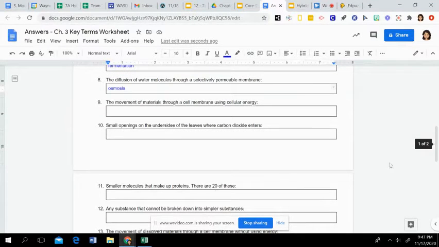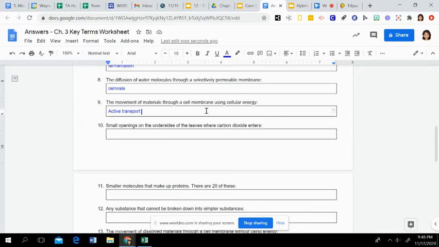Question 9 then is the movement of materials through a cell membrane using cellular energy. This is considered active transport because it's using that energy. It has a more active role in response to how it has to move that material.